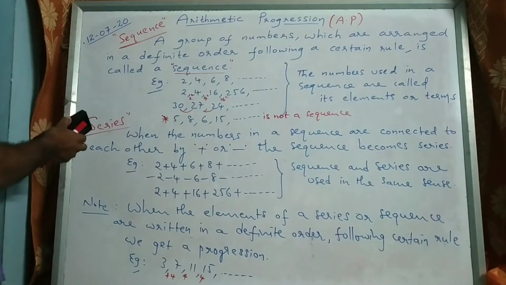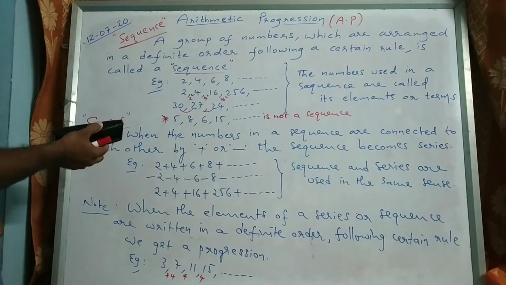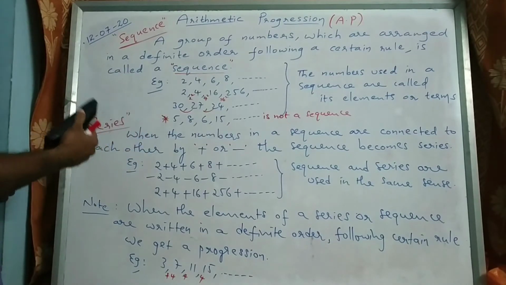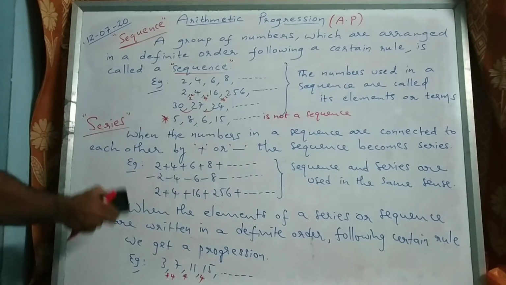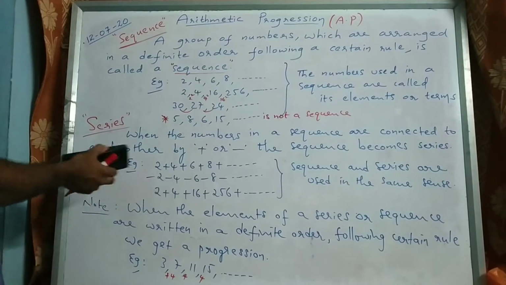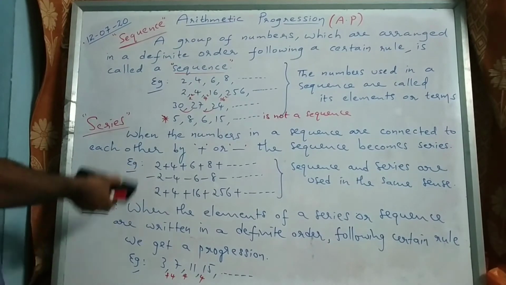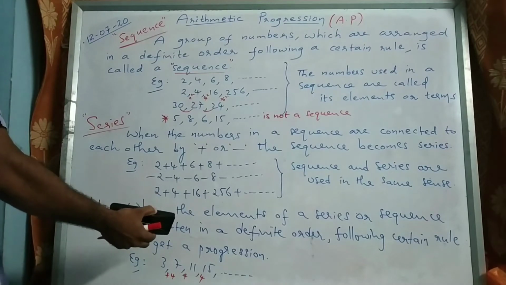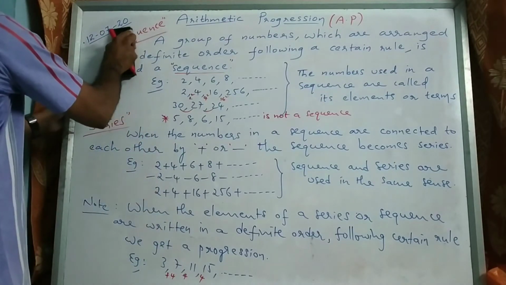So what is a sequence? A group of numbers arranged in a particular order is called a sequence. If that sequence is connected with plus or minus symbol, that is called a series. If you know sequence and series, progression is understood clearly. Okay, let us see.